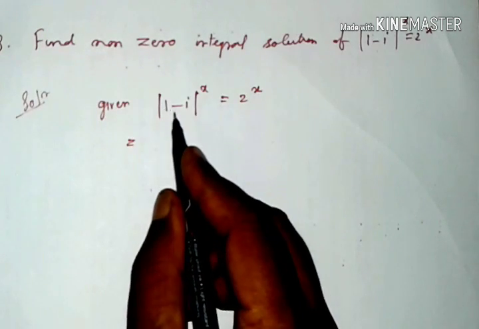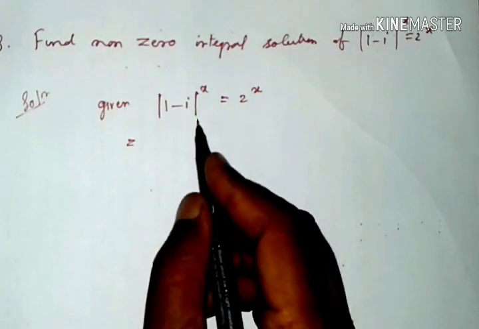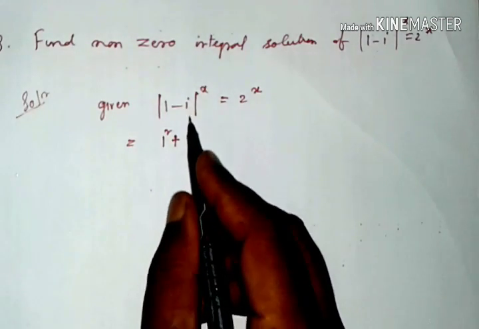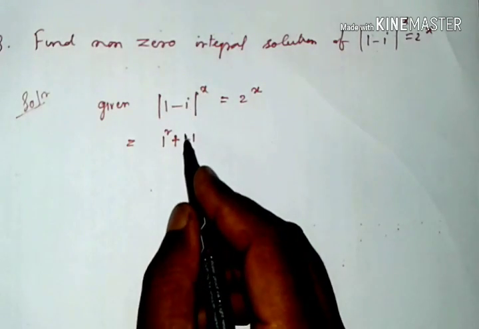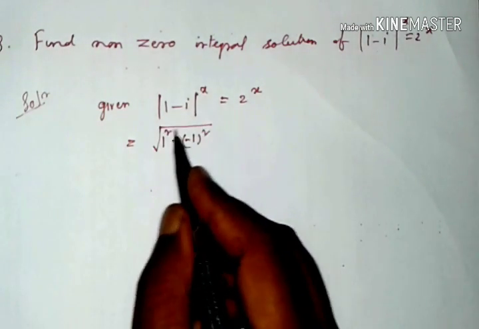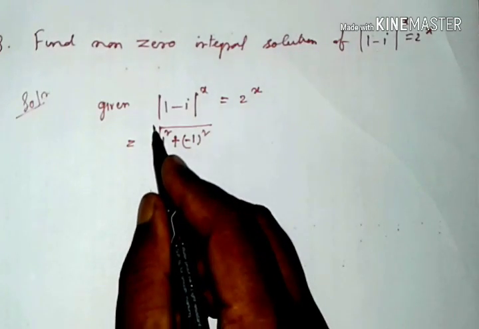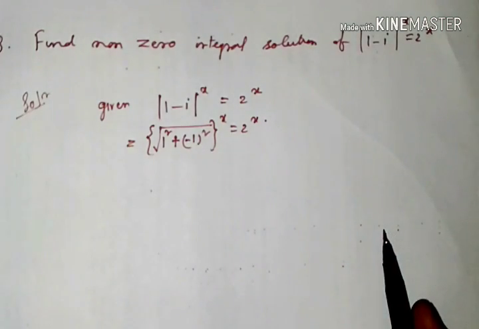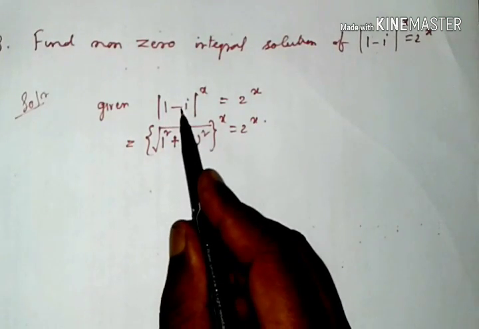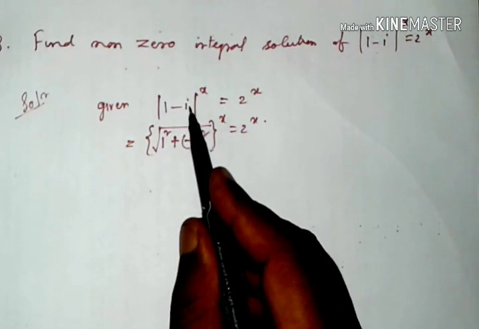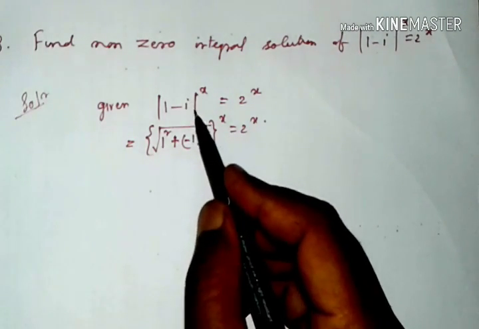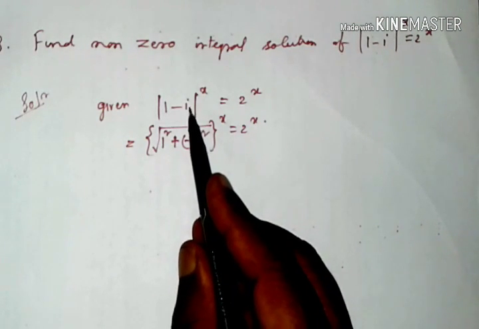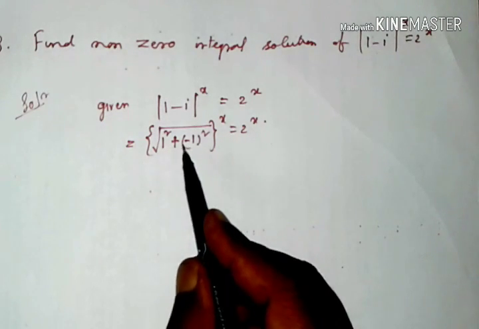This is of the form a plus ib, therefore the modulus: the real part is 1, so 1 square, and the imaginary part is minus 1, so minus 1 square.